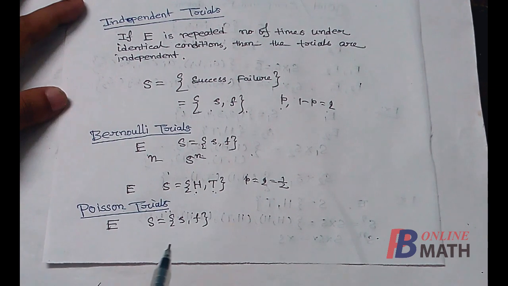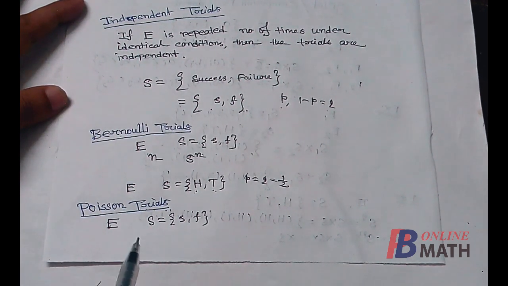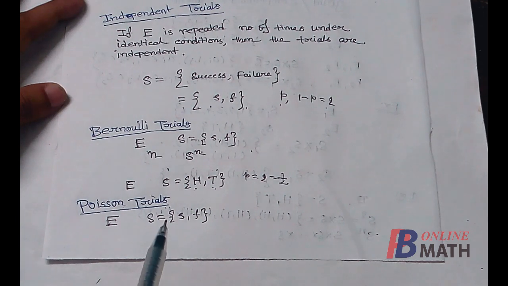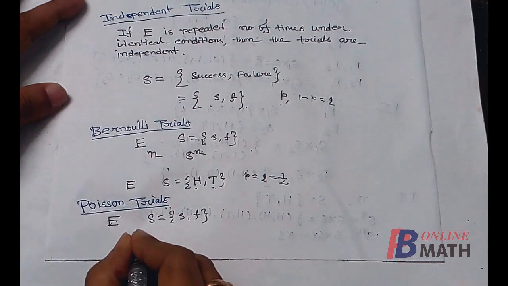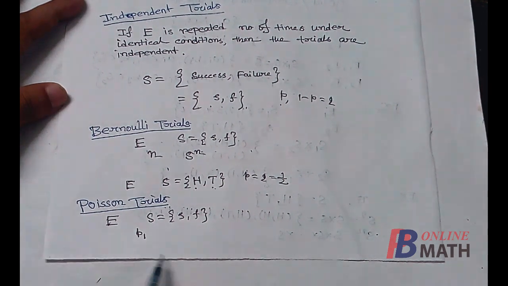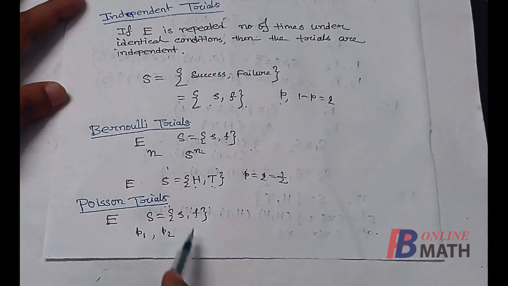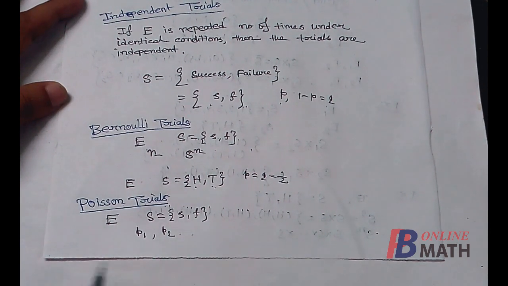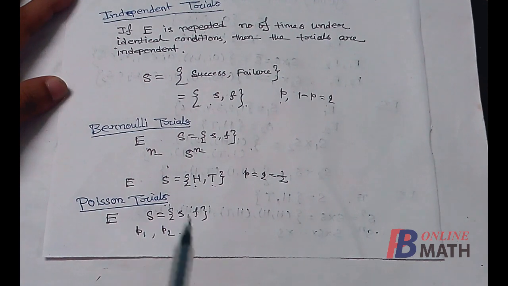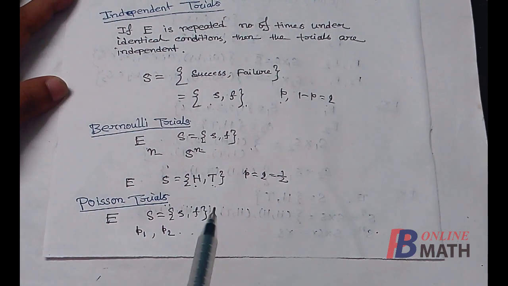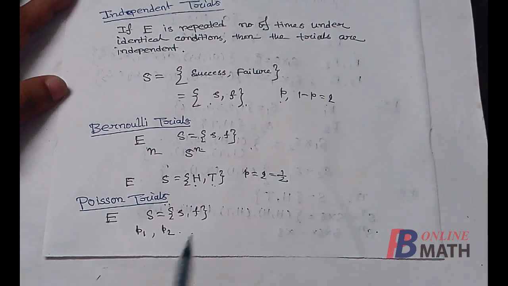If this experiment is repeated n number of times, then it is called Poisson trials if the probability of success does not remain constant. That means, suppose p1 be the probability of success for the first experiment, p2 be the probability of success for the second experiment, and so on. So that means if the probability of success remains constant for all the experiments, then it is called Bernoulli trials, otherwise it is called Poisson trials.